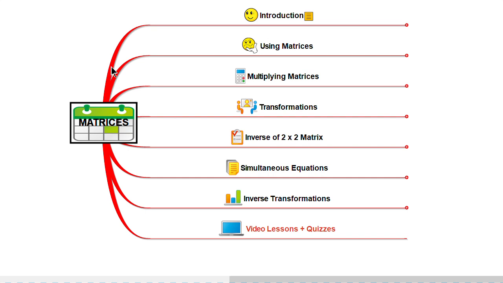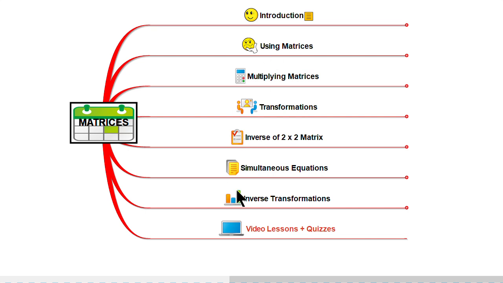Now, this is a rightward facing mind map. Remember, you can draw any image and any shape and so on in branches. And the branches are colored so you can recognize the different colors. And I've included images like the smiley here, this image of a calculator multiplying matrices and so on.